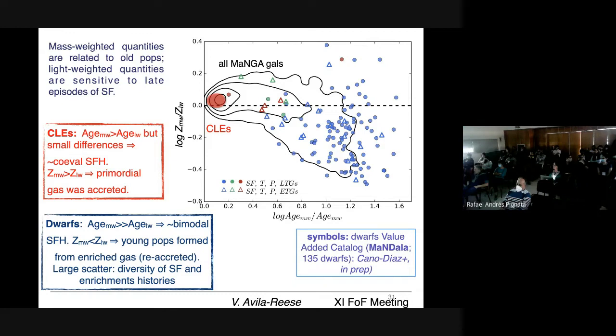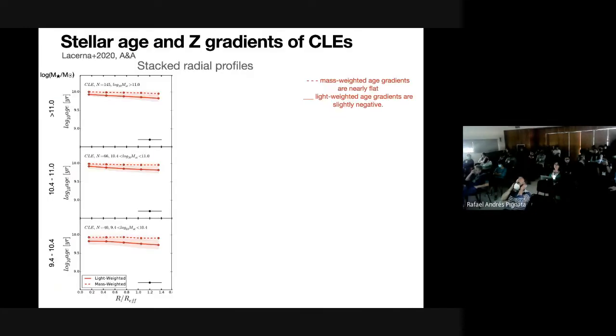Probably this is because the younger populations form from the processed gas of the same galaxy that is reaccreted. In this case, the gravitational potential in dwarf galaxies is not so big as to lose the gas completely, and the gas could be reaccreted. So this is a very nice test of these kinds of things.